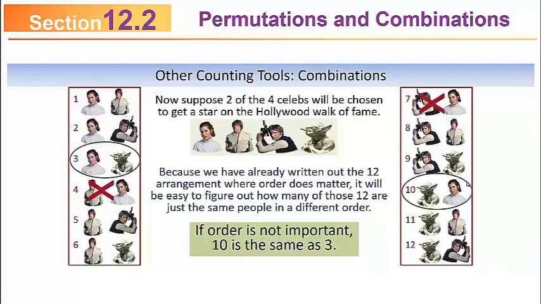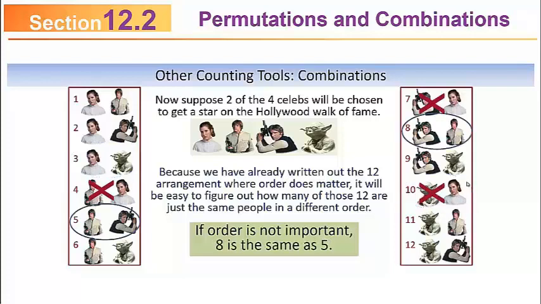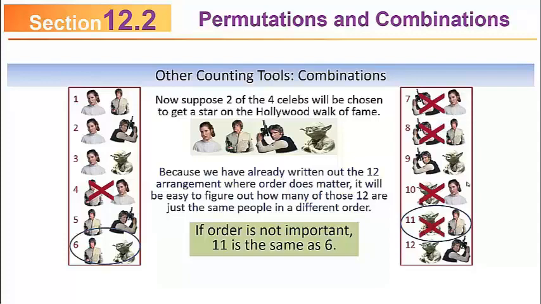As you keep moving down, number 3 is Leia and Yoda, so you can also get rid of number 10, which is Yoda and Leia, so you don't need that duplicate. Giving them stars, the order doesn't matter. And as you move down the list, you've got Luke and Han, and number 8 is Han and Luke, so you can get rid of number 8. Number 6 is Luke and Yoda, and number 11 is Yoda and Luke, so you can get rid of number 11.